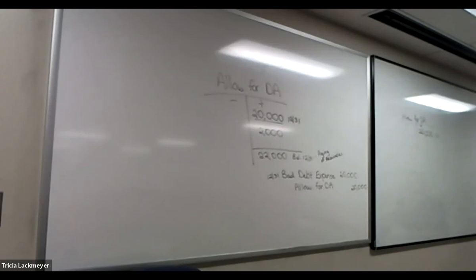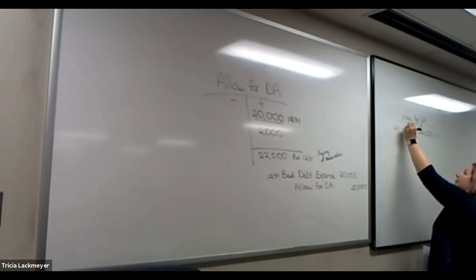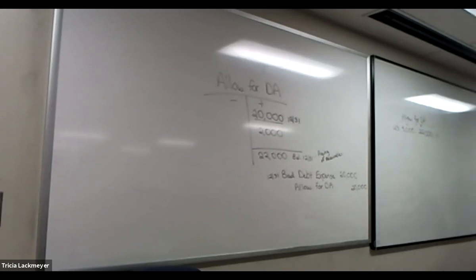And then it's February 3rd, and we think, like I said, Joe Black, he's not going to pay. Well, we debit allowance for doubtful accounts for the amount that we think he's not going to pay. So that's a debit to allowance for doubtful accounts and a credit to what?